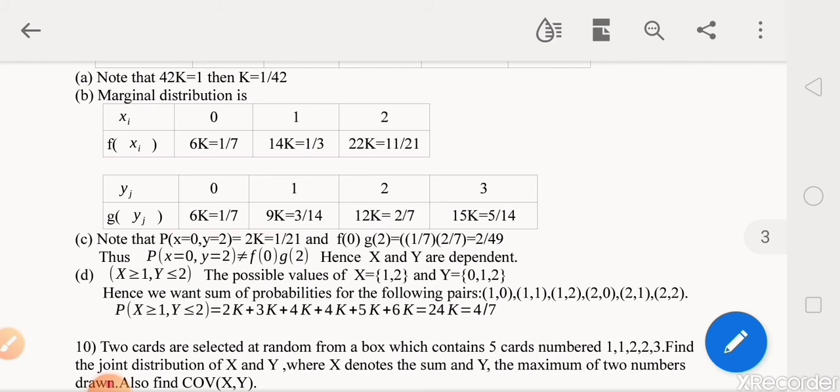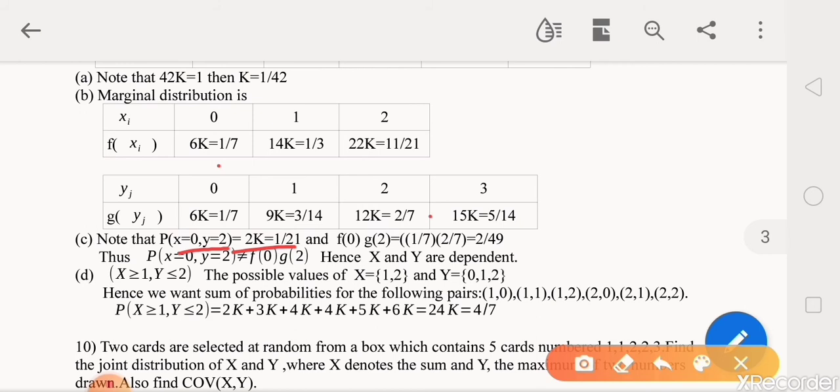But here if you take x equal to 0 and y equal to 2 from the joint probability table, that joint probability is 2k, same as 1 by 21. By using the marginal distribution table, f of 0 into g of 2 will be 1 by 7 into 2 by 7.